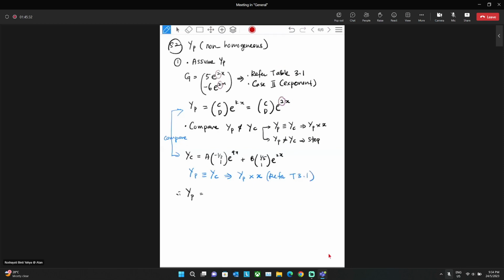So YP become CD exponential x exponential kx plus EF exponential kx.